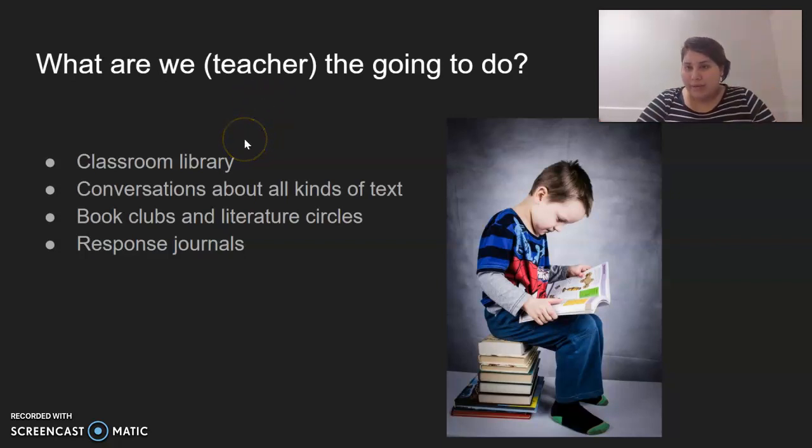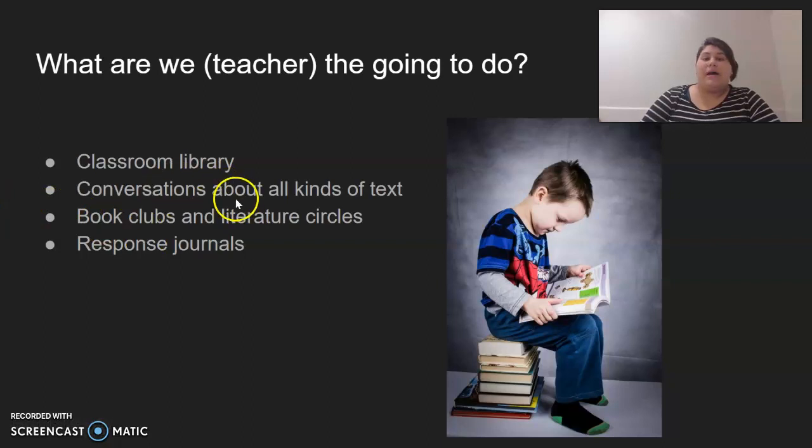Now, why do we have so many different books? Because your interests aren't my interests, and the same thing goes for students. I can pull out a book and half my class is going to like it, half my class isn't going to like it. Yes, it's a good book, but that doesn't matter to a student, whether it's a good book or not. So we're having a variety of books.